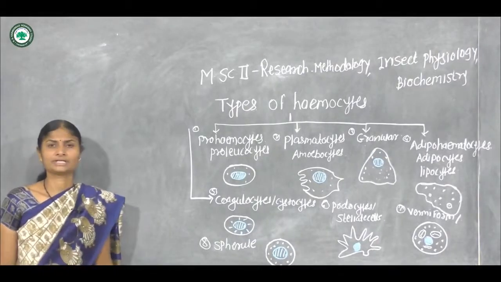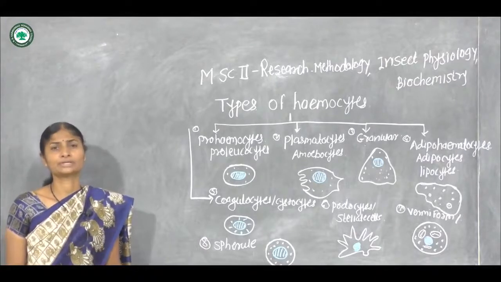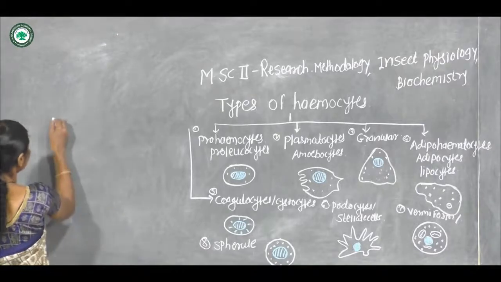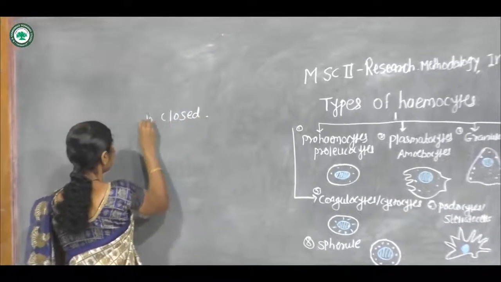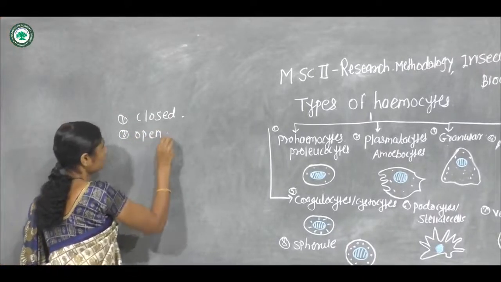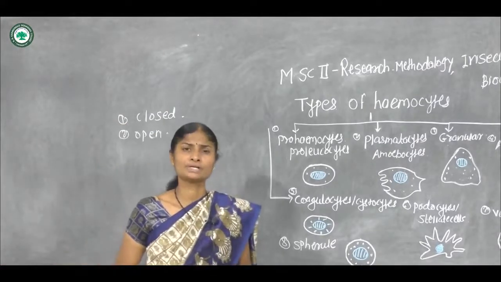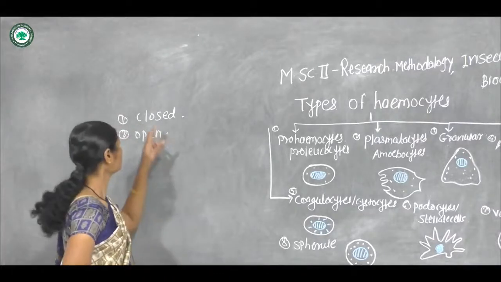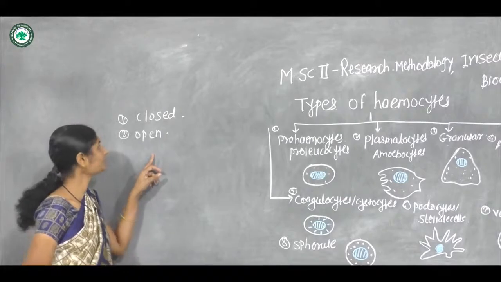In the animal kingdom, two types of circulatory systems are present: the first is the closed type of circulatory system and the second is the open type. Before starting the components of the circulatory system, we learn about the closed circulatory system and the open circulatory system.